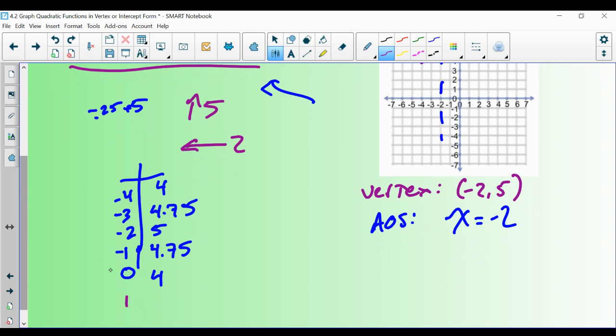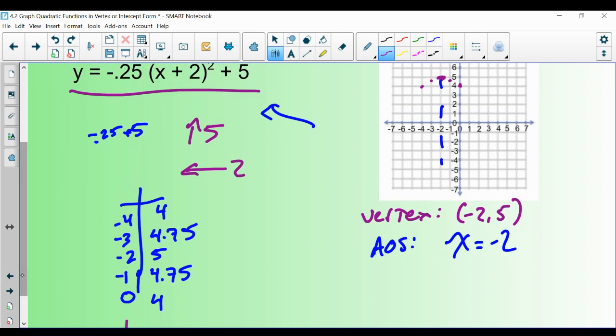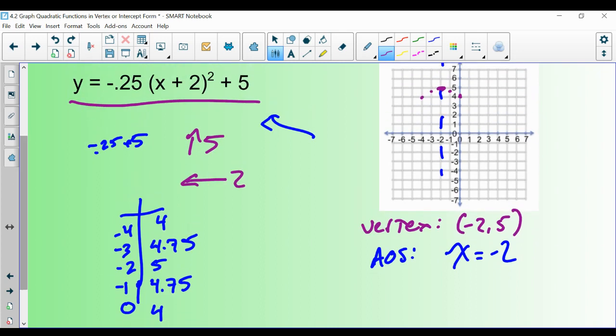So I'm just going to plug in 1 as well. I know it's kind of a pain, but I feel like my graph will just be better if I plug in 1 as well. So 1 plus 2 is 3, and 3 squared is 9. And then 9 times negative a quarter would be negative 2.25. And then I can add 5 to that, and I would get 2.75.